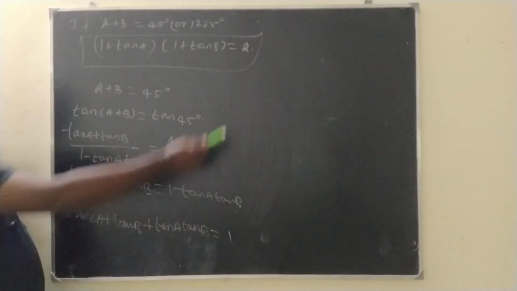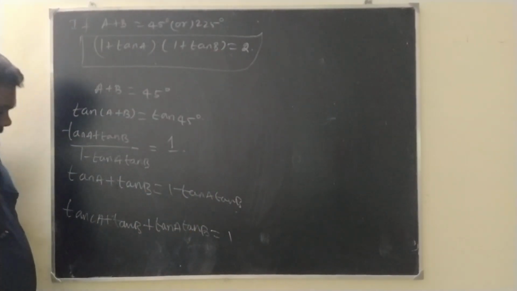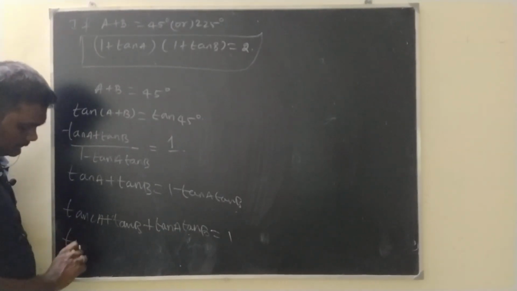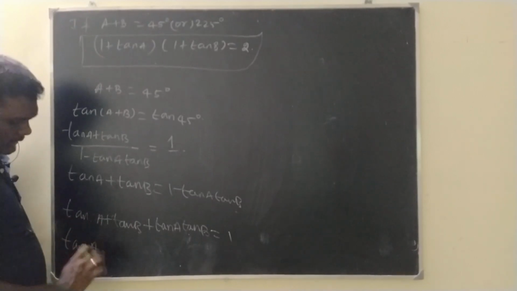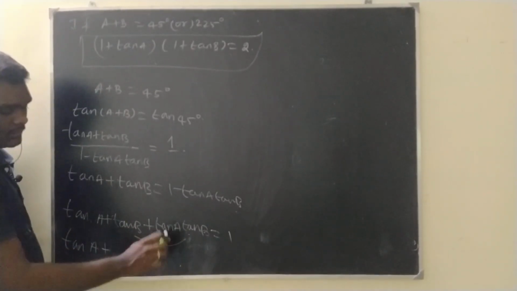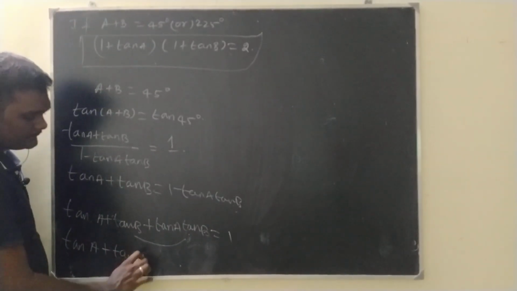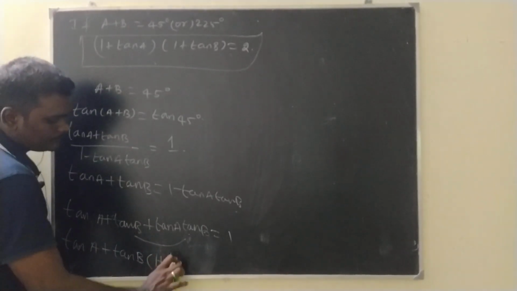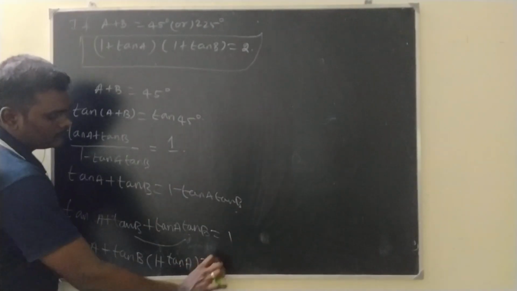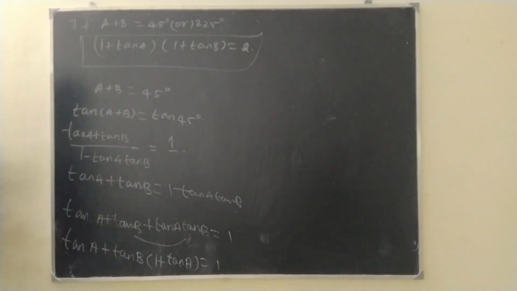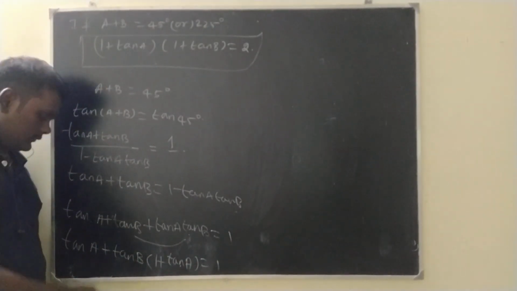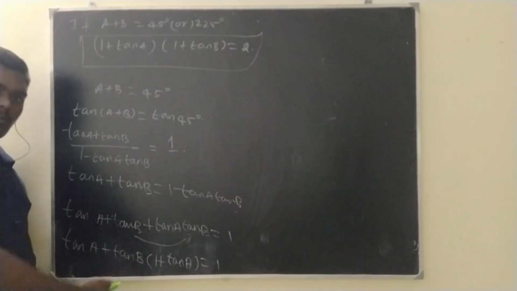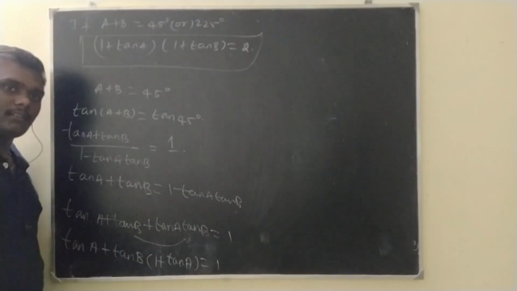So what can we do? We need 2 on the other side. Better if you take tan B from this, what will come? Tan A plus, from these 2 terms alone I am taking tan B, then what will come? 1 plus tan A. Now if here also 1 plus tan A is there, we can take that one out, and we will get 1 plus tan B. But 1 is not there.